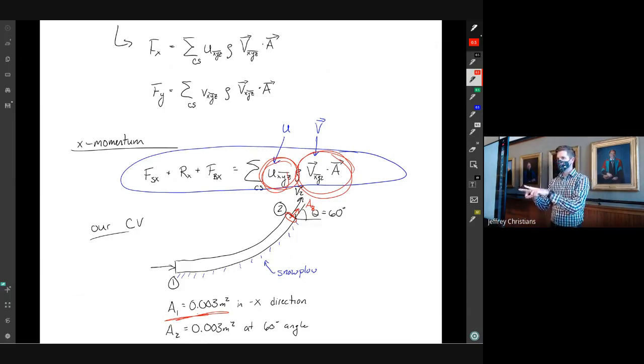So that usually is, what is the velocity dotted with that area? They're usually pointing in the same direction because that's the easiest way to do it. So that's usually the speed times the area, not the X component of the velocity. It's usually the total speed, especially if you're dealing with things at weird angles.